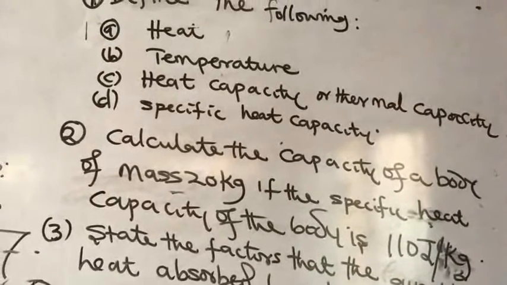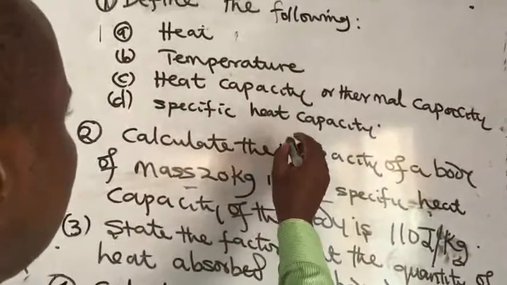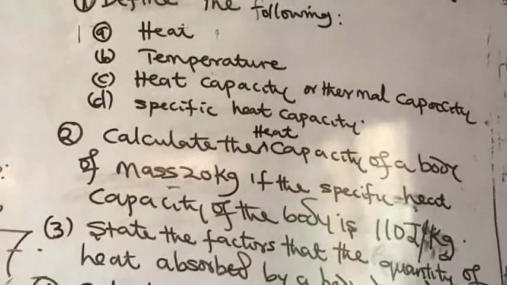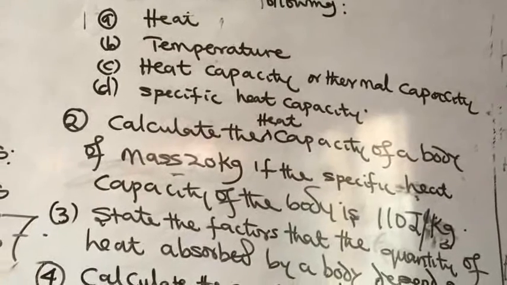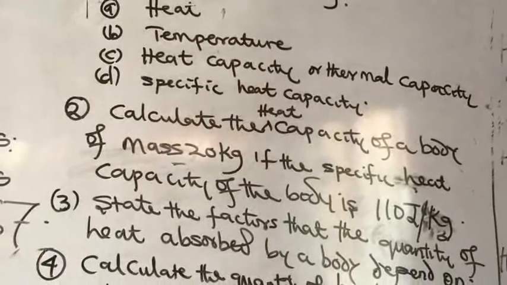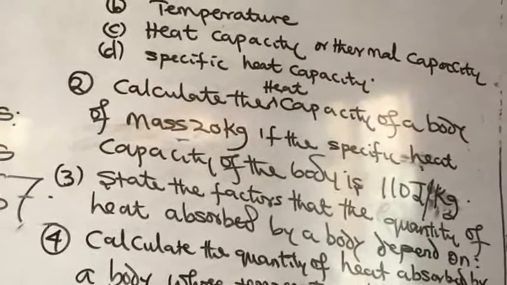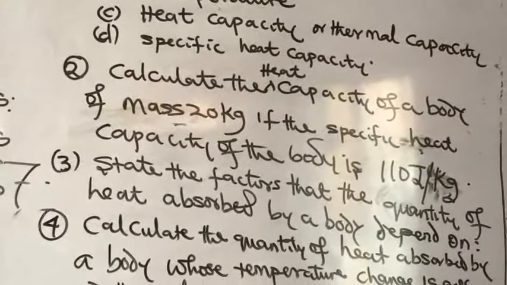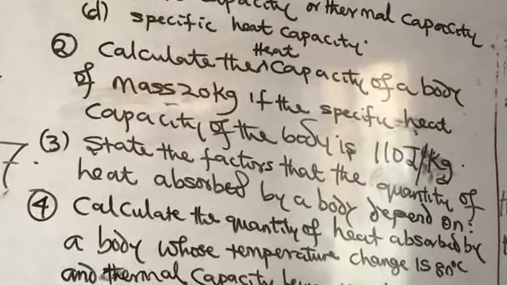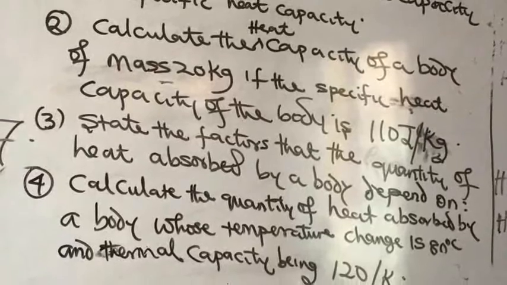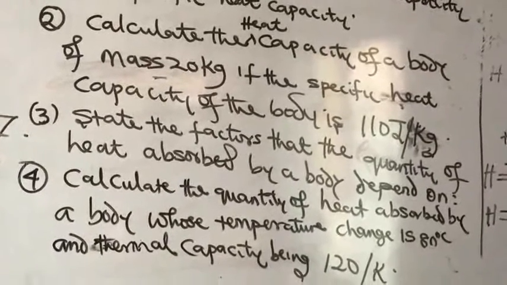Number two question, calculate the heat capacity of a body of mass 20 kg if the specific heat capacity of the body is 110 joule per kilogram. Number three question, state the factors that the quantity of heat absorbed by a body depends on.